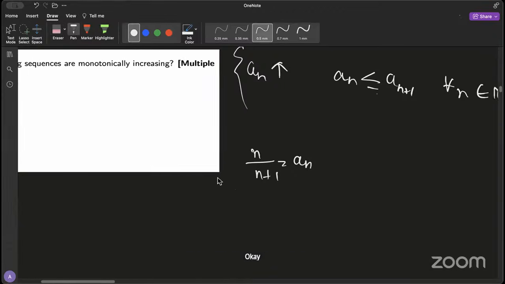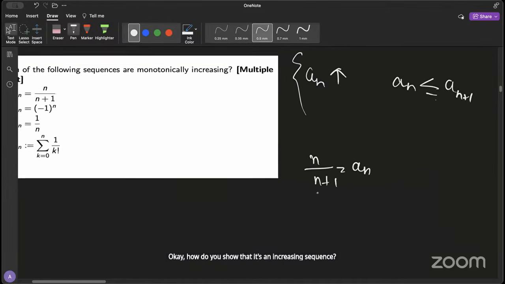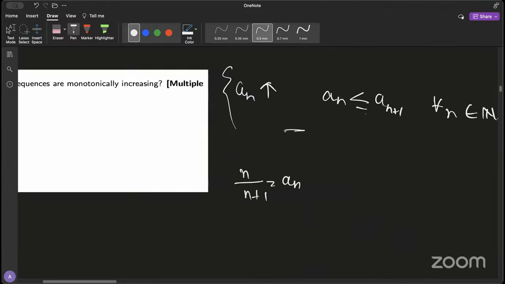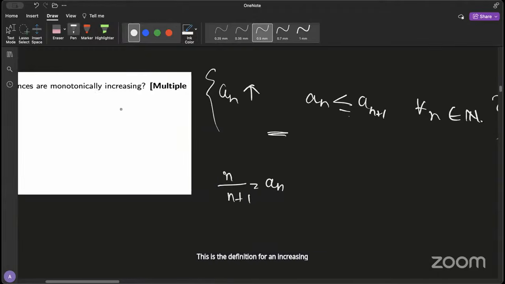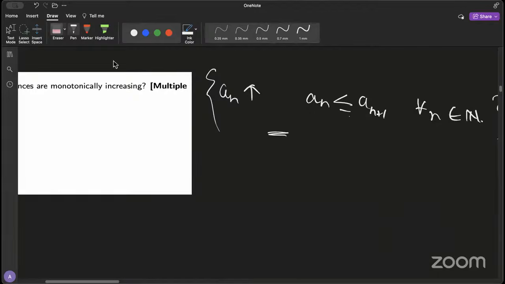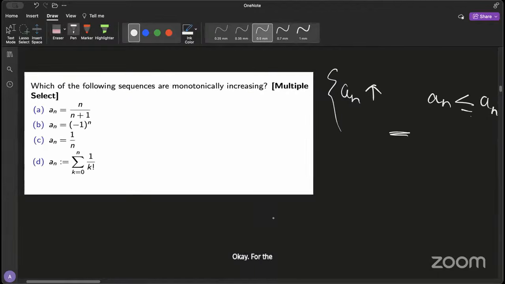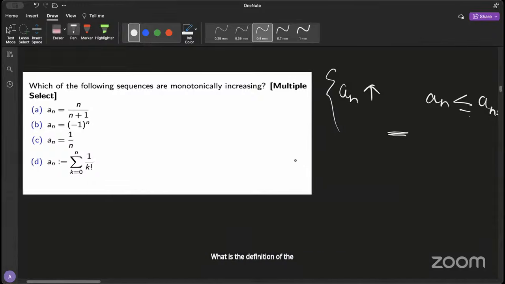Okay, how do you show that it's an increasing sequence? This is the definition for an increasing sequence. You have to use this. What is the definition of the increasing sequence?